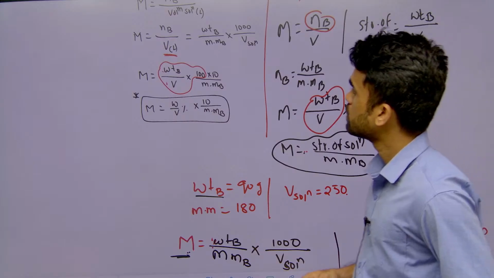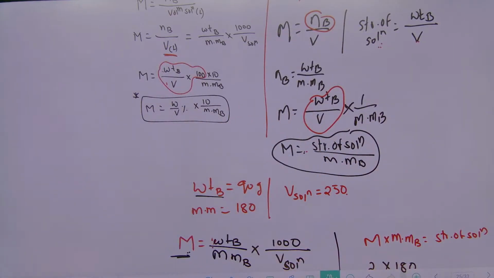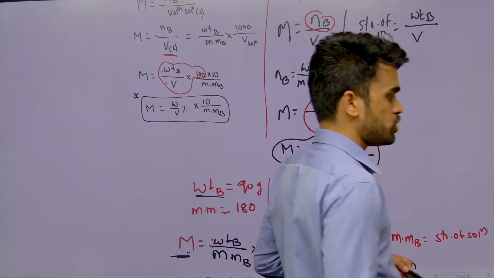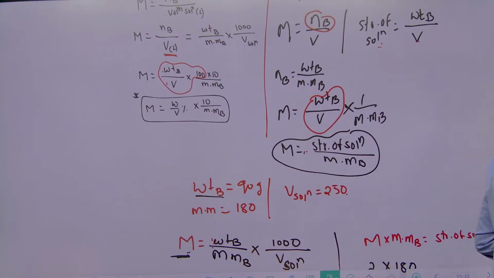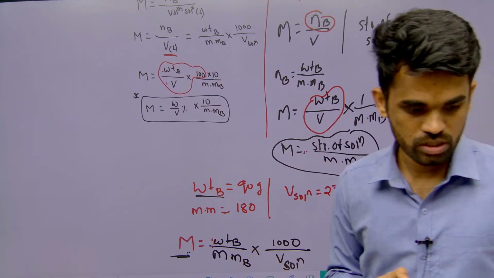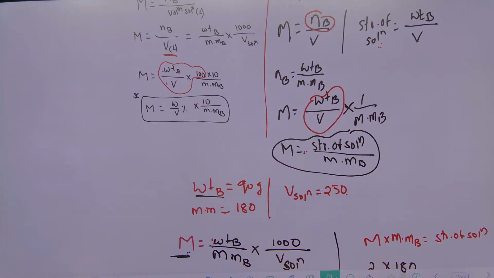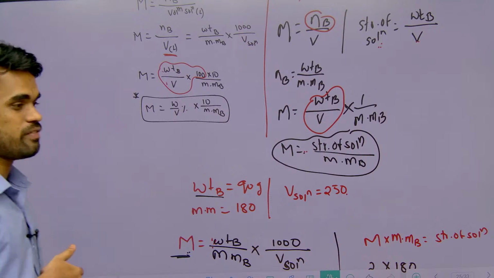Okay, write a question. 0.4 percentage, which percentage? Weight by volume percentage. 0.4 weight by volume percentage of NaOH is given.